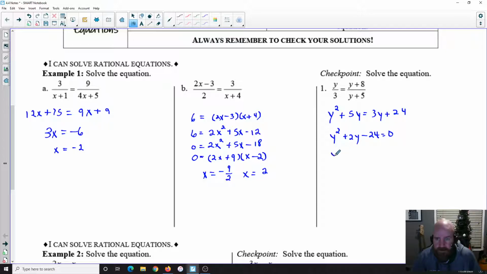Now we've got to factor. So 6 and 4. We need the 6 to be positive and the 4 to be negative. So y would equal 4 and negative 6.